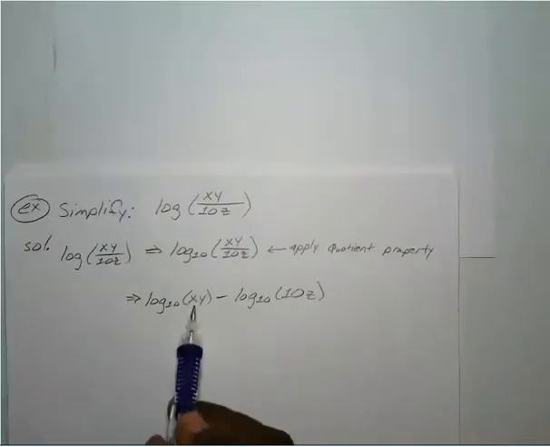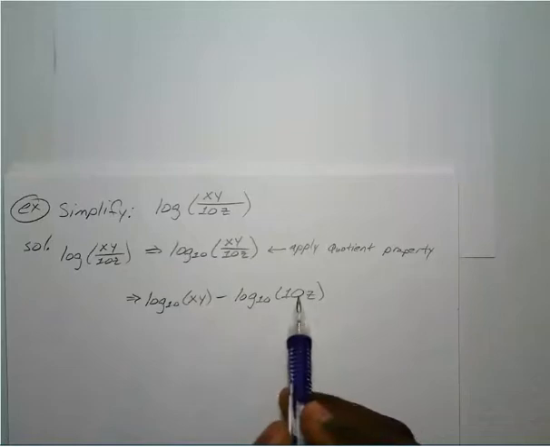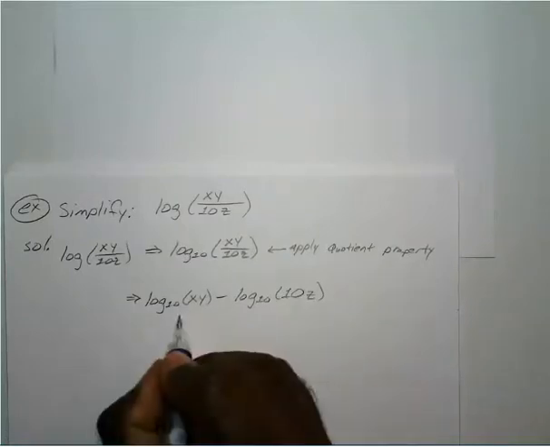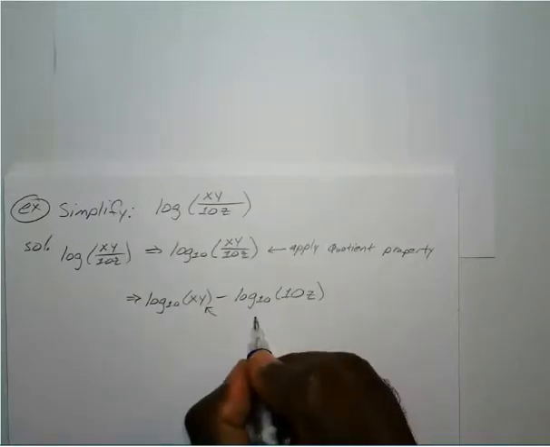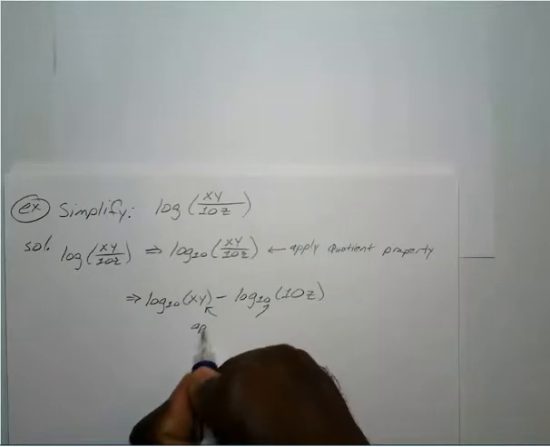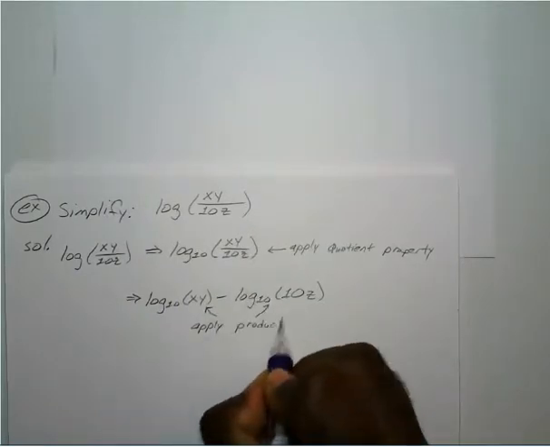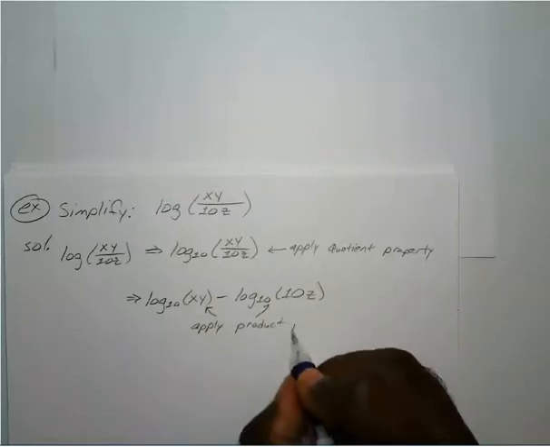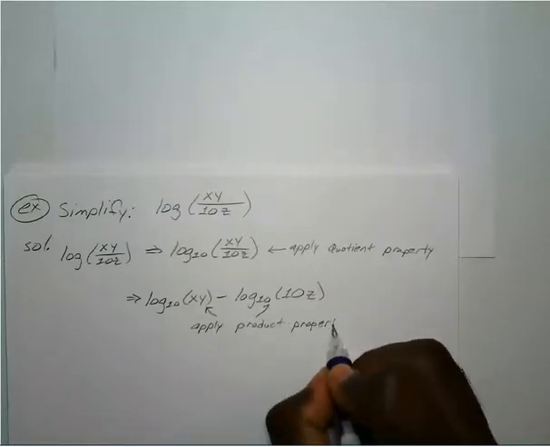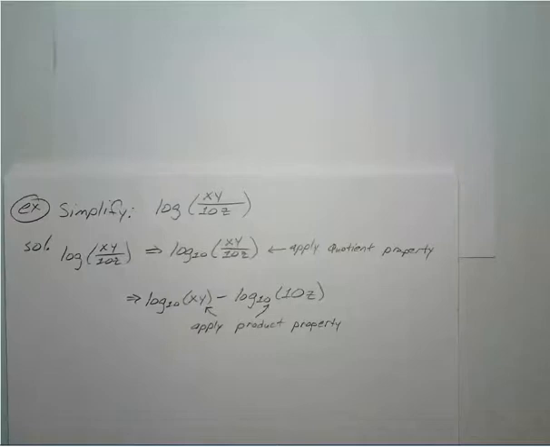Now, if you notice here, both of these have products inside. There's multiplications inside. So we're going to apply the product or multiplication property to both of them.